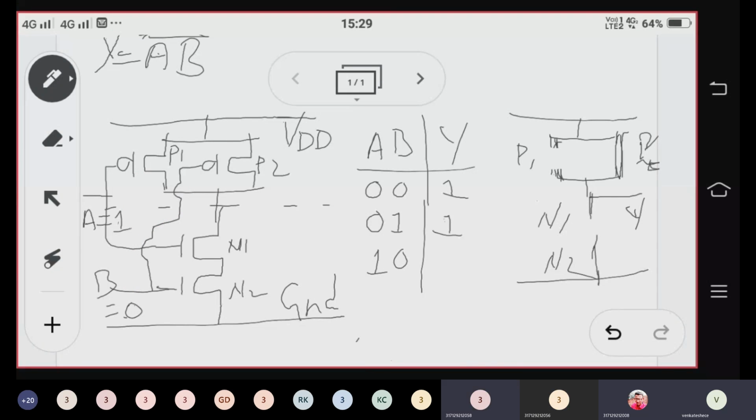A equal to 1 is given to the N1, B equal to 0 is given to the N2. 1 is connected to the N1 means N1 is in on condition. 0 is connected to the N2 means N2 is in off condition.